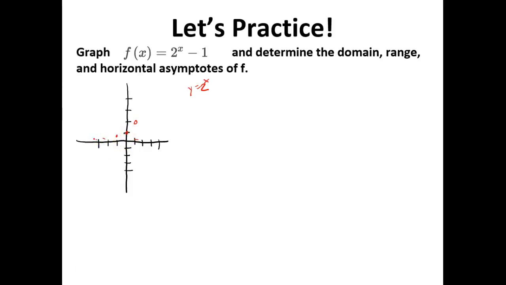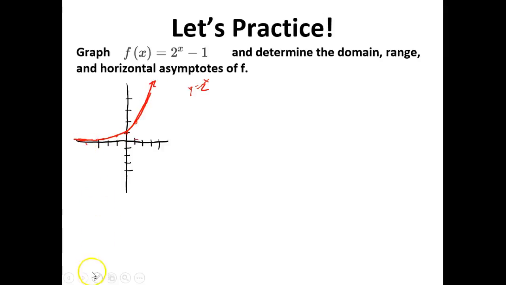And for the parent function, it's going to have a horizontal asymptote at y equals 0, so it's going to approach the x-axis but never actually touch it, and it's going to look something like that for a parent function.